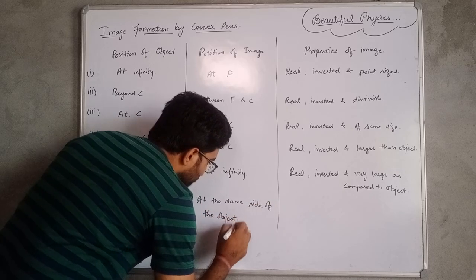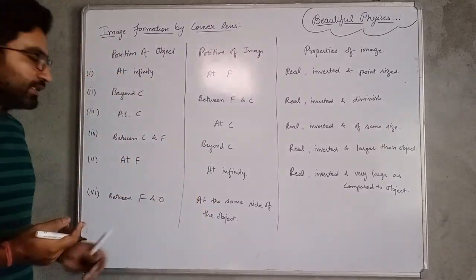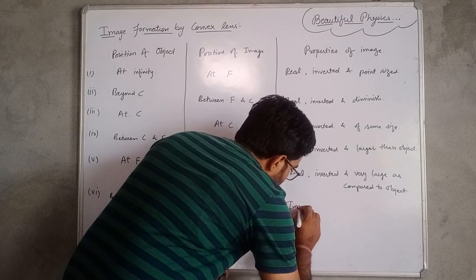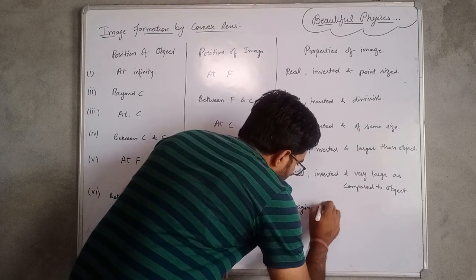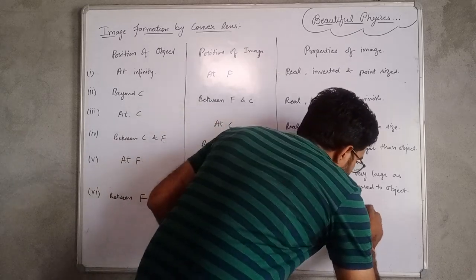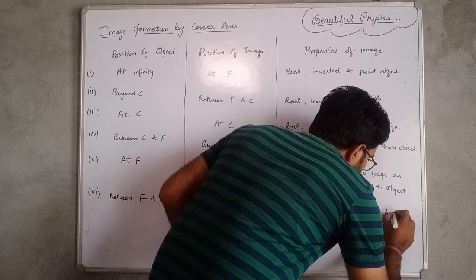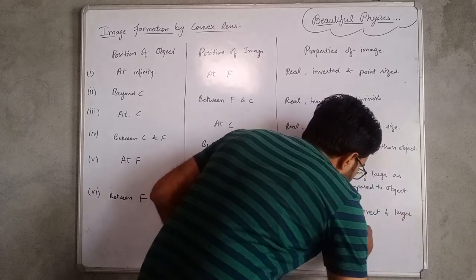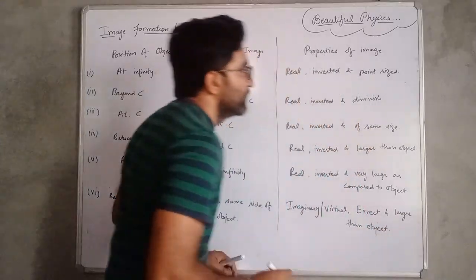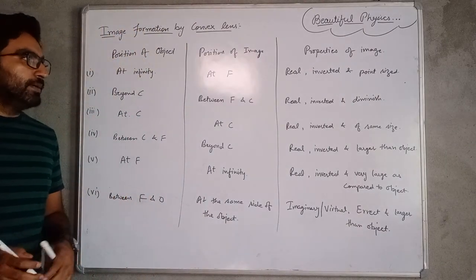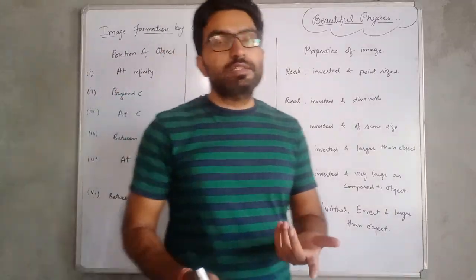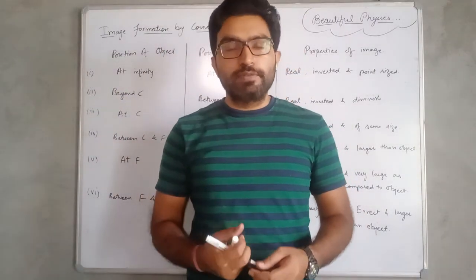At the same side of the object means the image will be formed on the same side where our object is. And what will the image be like? This image will be imaginary, virtual, and erect, and larger than the object. So students, you have to remember this table for the image formation from the convex lens.